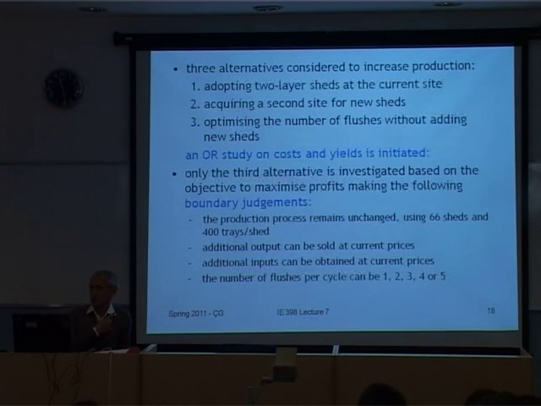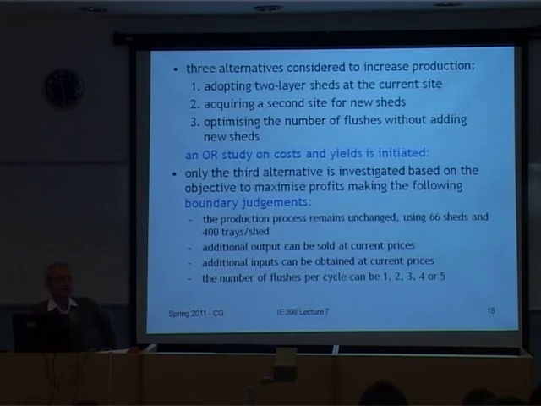This is a powerful, strong assumption which may not be realistic, but we make this assumption. Additional inputs we assume can be obtained at the current prices. I mean, if you are going to increase production, maybe you will have to obtain additional inputs, which might be more expensive than your usual inputs. But again, we make this assumption that this will be possible.